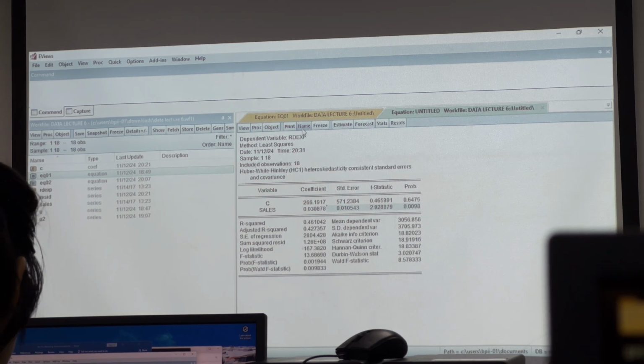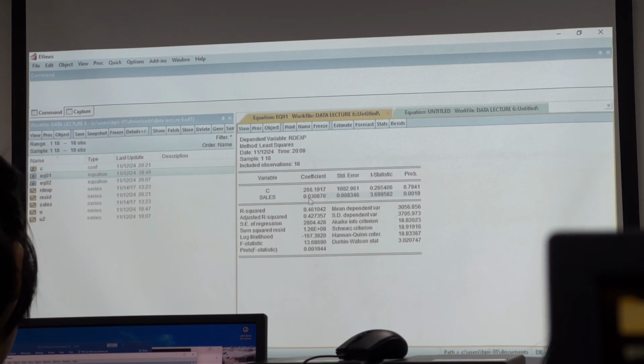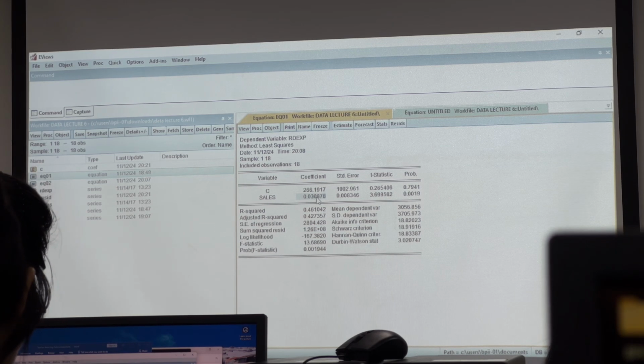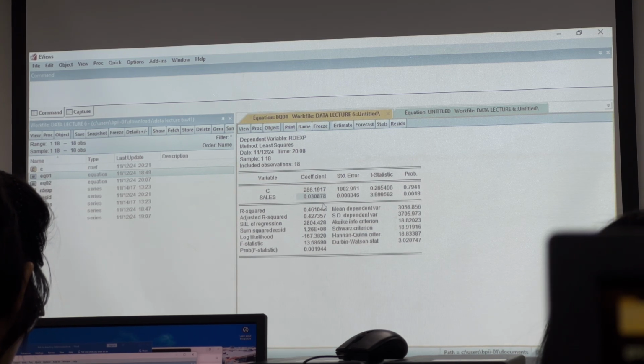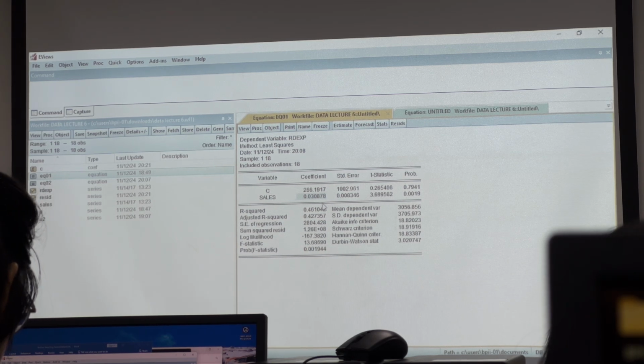So you notice that this is the original estimate. The estimate is exactly the same after you use the robust standard error. So I mentioned before that the original model is okay. Even though it may not be close to the true value, it is still unbiased.